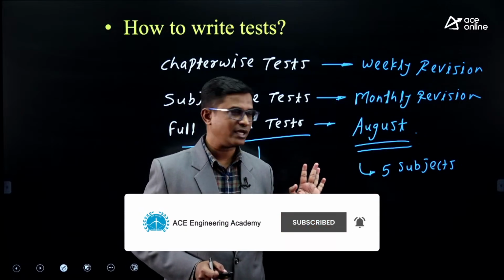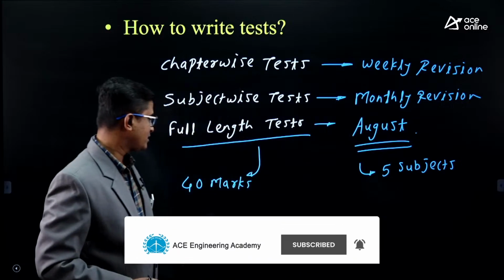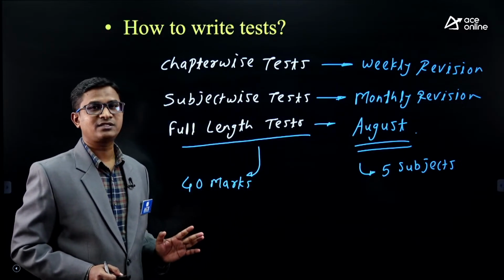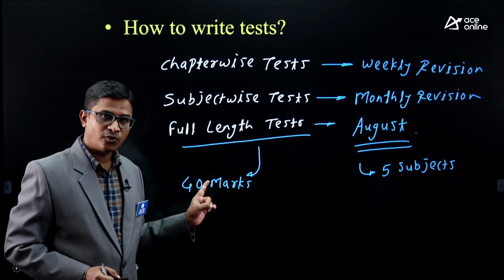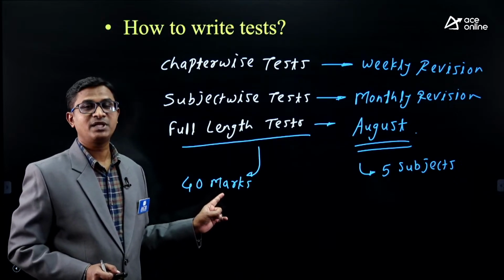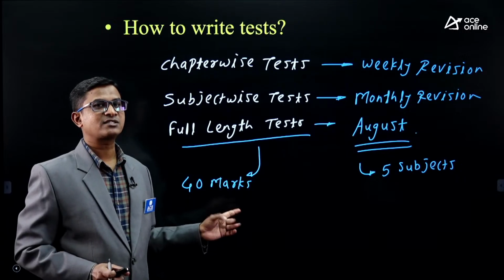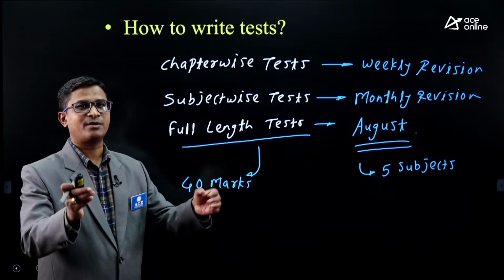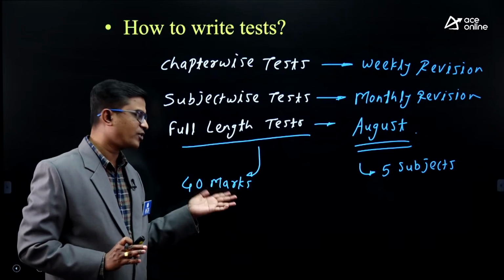Then only focus on these 40 marks, and please check how many marks you are getting out of these 40. Okay, don't go for 100 marks, only focus on these 40 marks.